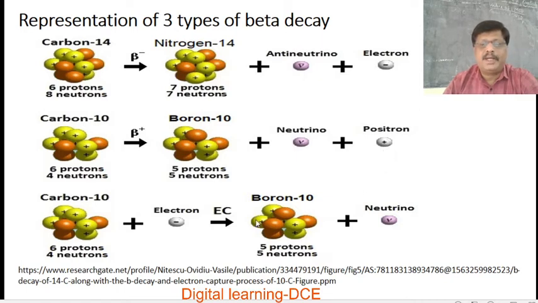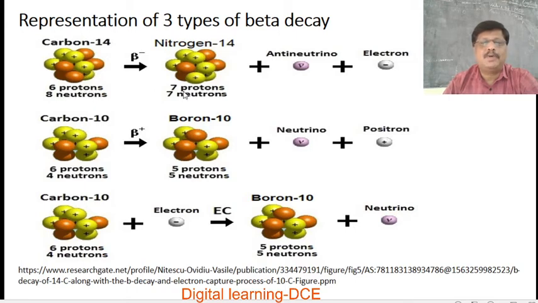Carbon 10 becomes boron 10 by the electron capture. And also you can see how this neutron is converted into a proton. 8 neutrons and 6 protons are there. One neutron is converted into a proton.